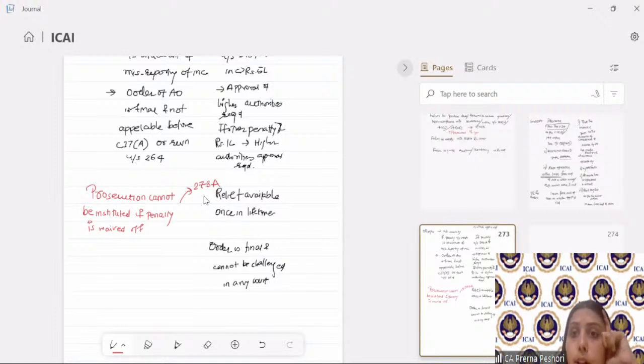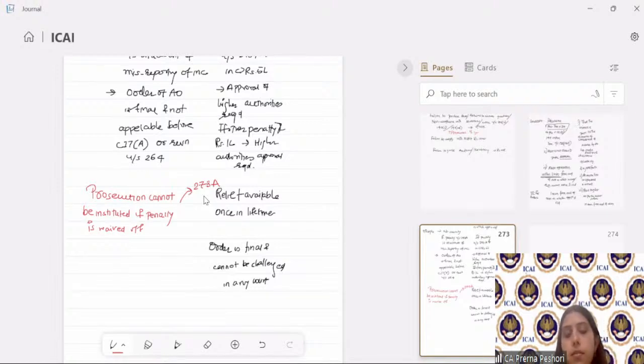These offences are tried before the magistrate under the Code of Criminal Procedure, and therefore special courts can be constituted for that. Then the Code of Criminal Procedure will be applicable in those cases. Is that clear?